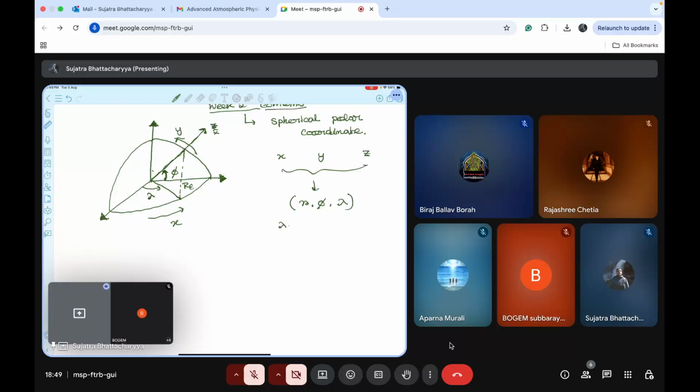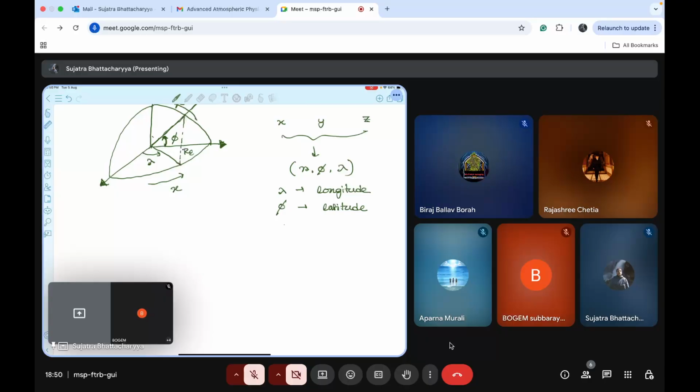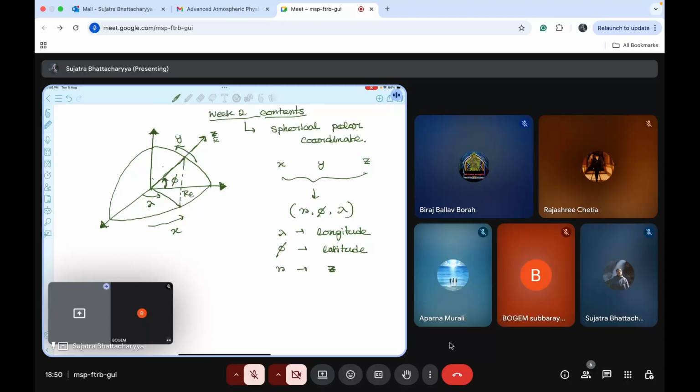So lambda is longitude. We know very well what longitude is on the globe. Phi is latitude, and your r or z are the same. Because you can see this is your r, or radius of the earth, whatever you want.